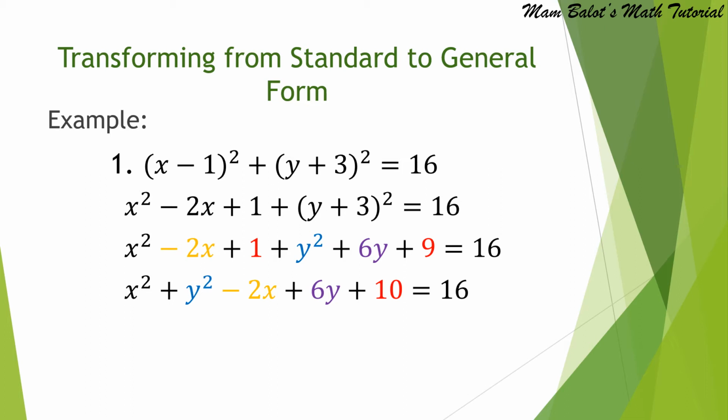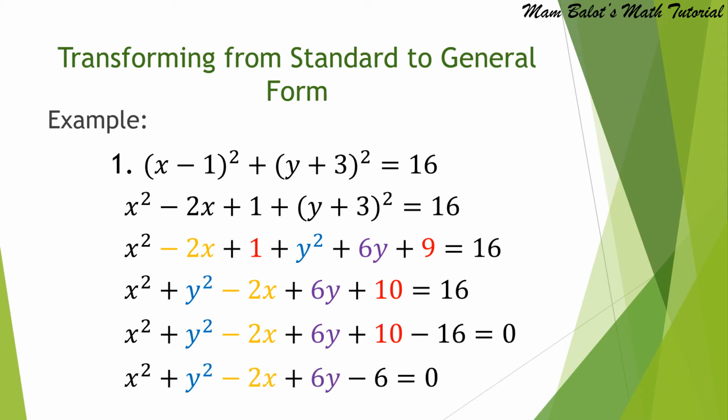Then we transpose 16 to the left side, so that becomes minus 16 equals 0. Then combining again the constants, 10 minus 16, so that becomes now negative 6. So the general form of this equation is x squared plus y squared minus 2x plus 6y minus 6 equals 0.